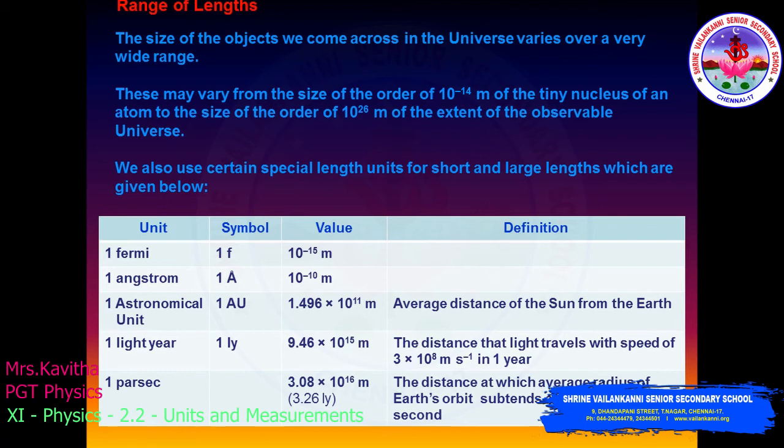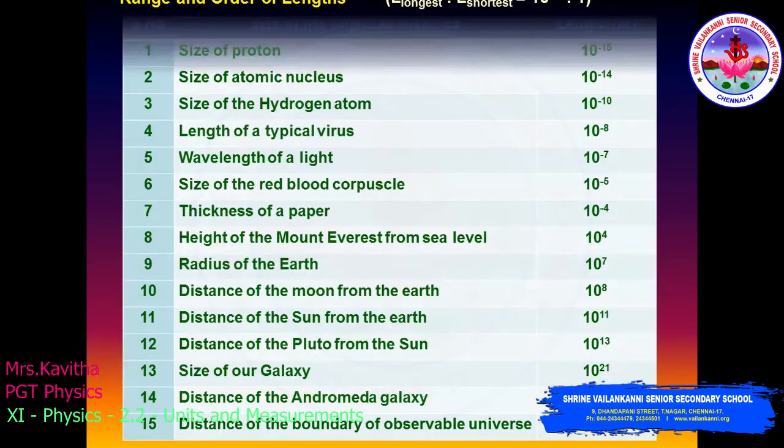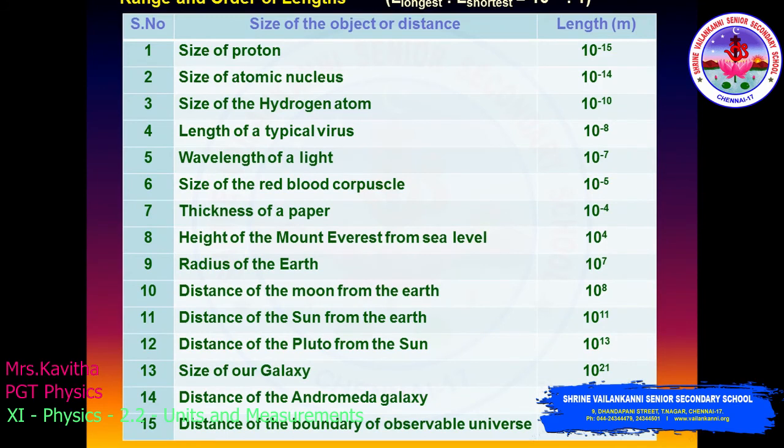So these are all the different ranges of lengths for your convenience, and ranges and orders. Some of the other ranges and orders are also given, the size of the object or distance, which will also help to know the orders of magnitude of length. For example, the wavelength of light is 10 power minus 7, and the size of a red blood cell is 10 power minus 5.